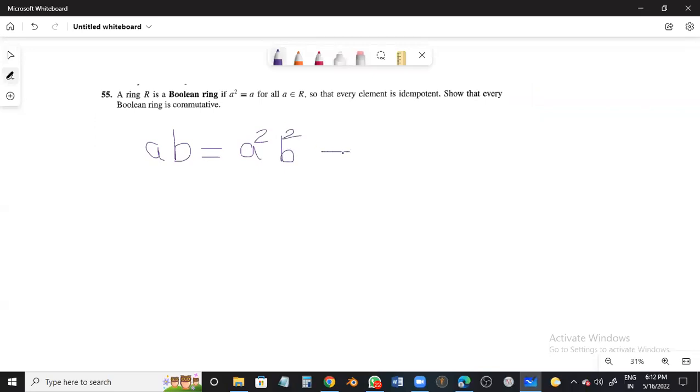So what will happen? This will be A into B into B. And this being a ring, multiplication is associative, you know very well.